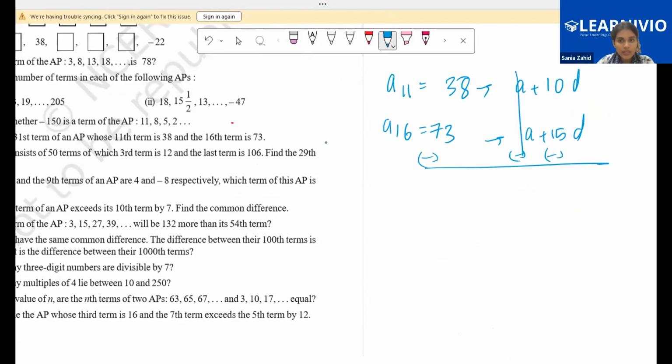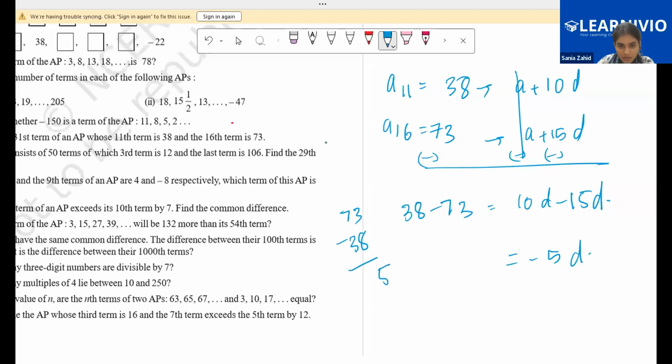So I'll just subtract, right? A and A cancel. I get 38 minus 73 is equal to 10D minus 15D. So this is equal to minus 5D, and 38 minus 73 is minus 35.